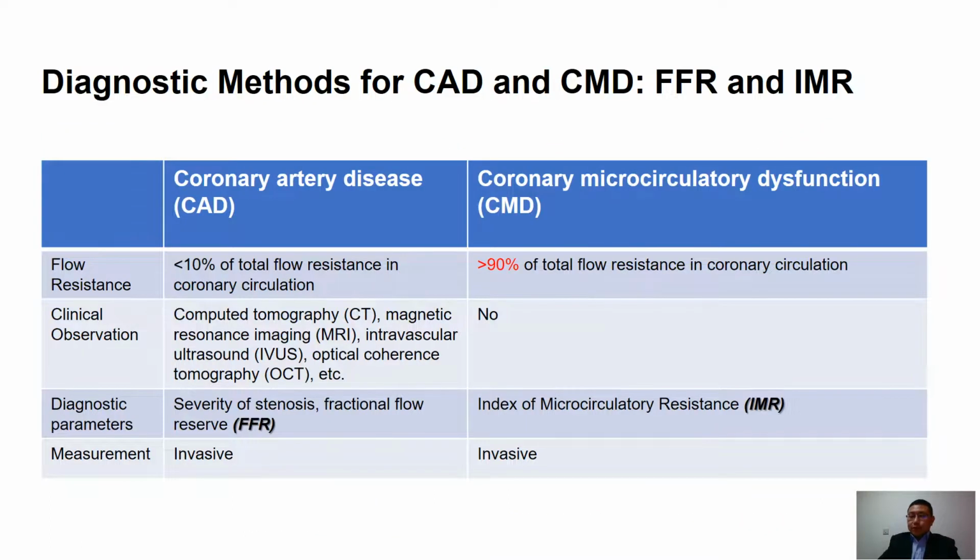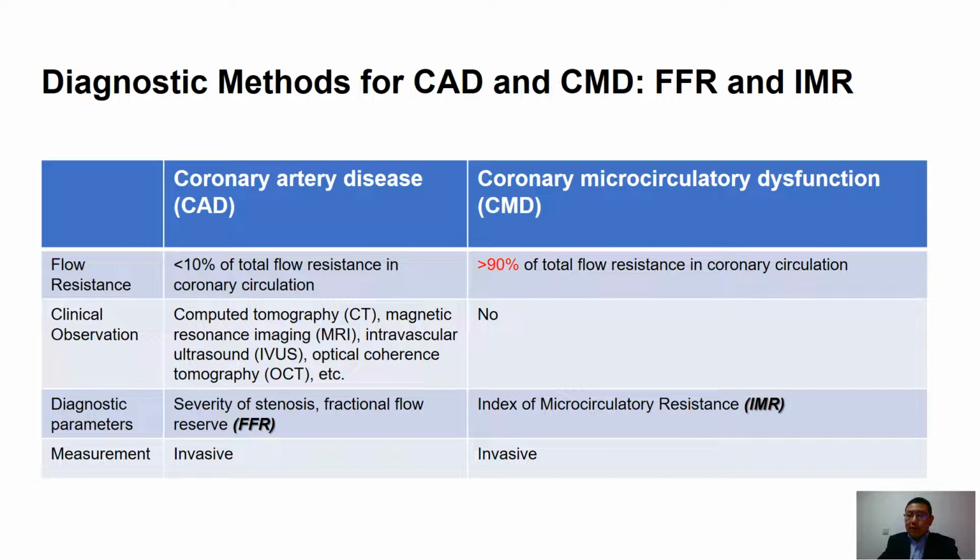So, to achieve early diagnosis of myocardial ischemia, how can we detect CAD and CMD? As aforementioned, there are many technical solutions for CAD, where CT and MRI imaging have been widely used in clinical practice. Intravascular ultrasound and optical coherence tomography can provide high-resolution images of epicardial arteries and the atherosclerotic plaques.